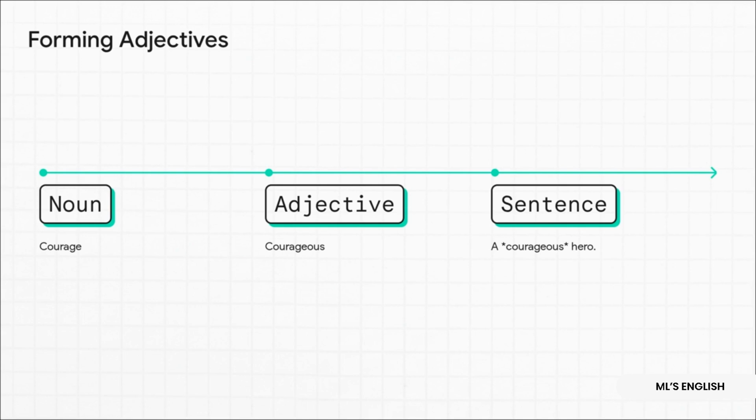You can take a noun, like courage, add a little something to the end, and bam! You get the adjective courageous, which you can use to describe a courageous hero. We can do this with verbs, too, like taking the verb tire to create the adjective tireless, or even make an adjective from another adjective, like turning black into blackish. The possibilities are just about endless.